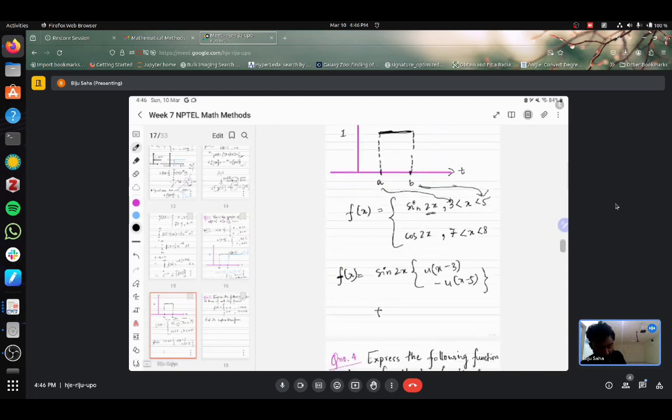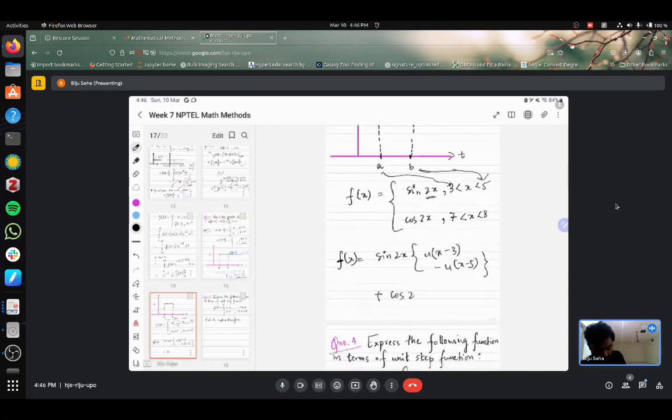And for the next part, you know that cos 2x is only valid in this range, so you can easily write (u(x minus 7) minus u(x minus 8)).